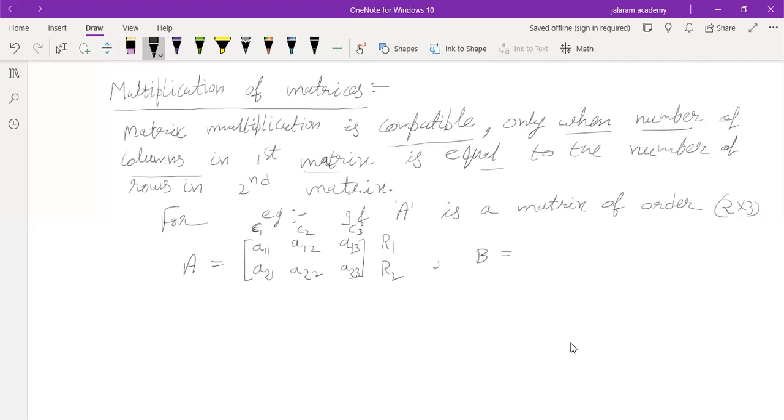So I have given you a rule that matrix multiplication is possible only when the number of columns in the first matrix equals the number of rows in the second matrix.